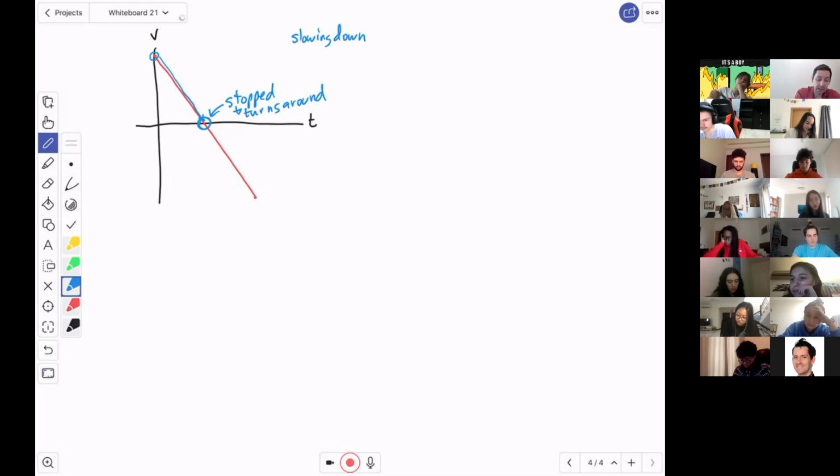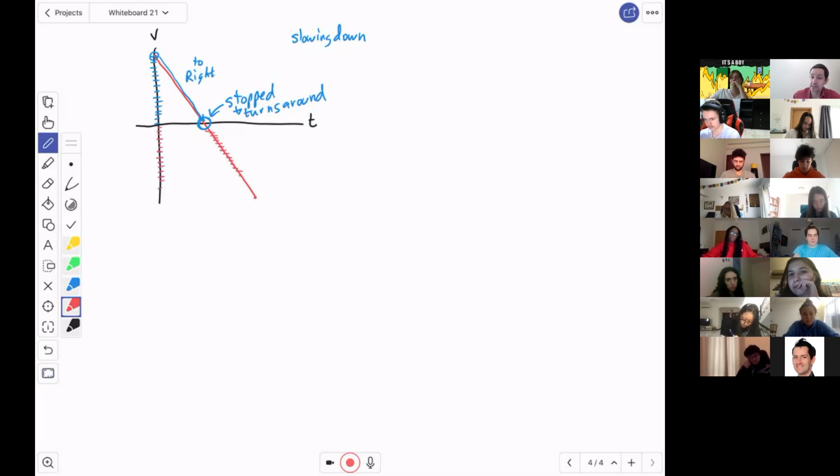Yeah, so all the stuff up here is positive velocities, which means all of these things up here, it's moving to the right. What about all this stuff down here? Negative velocities. That's right.